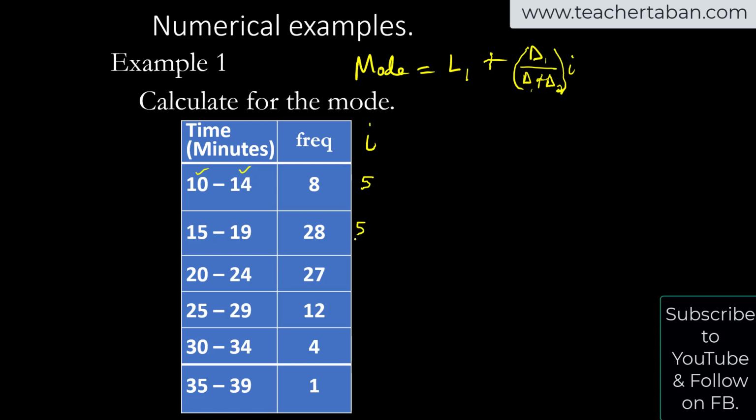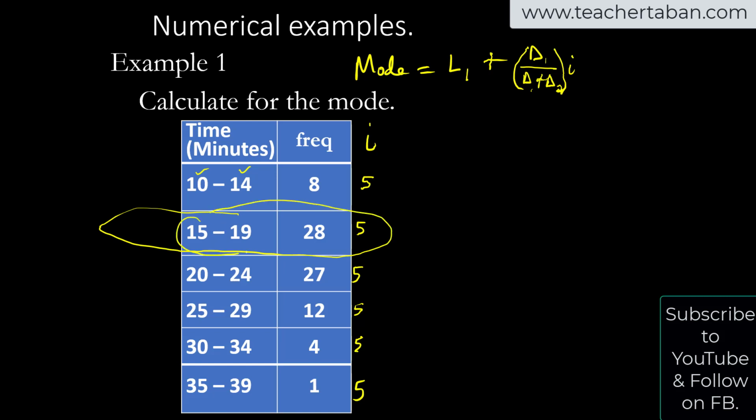So here we have 5, 5, 5, 5, 5. Now if the class width is equal, then the modal class lies in the region where you have the highest frequency.